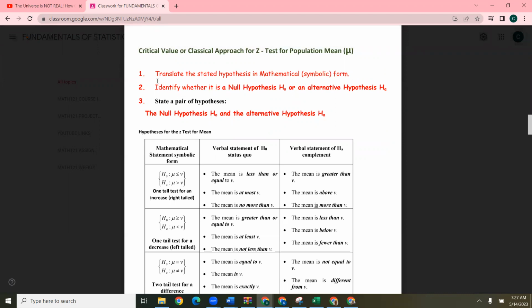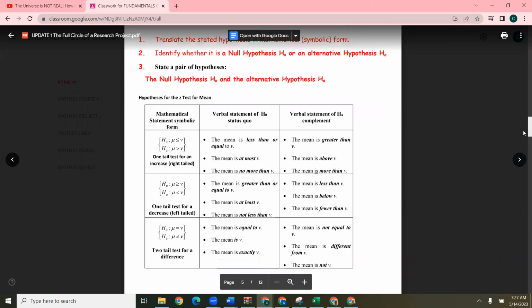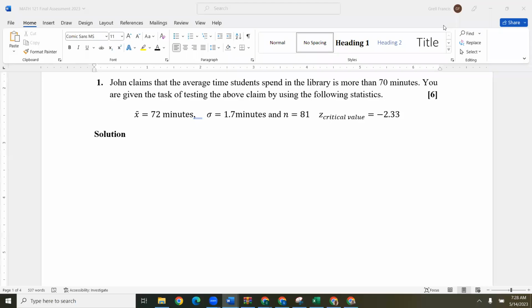So we first have to translate the stated hypothesis in mathematical form, and to do that we've got to use this table here. So let's go to the worded hypothesis in this practice question. In this example, the keyword there is more than.